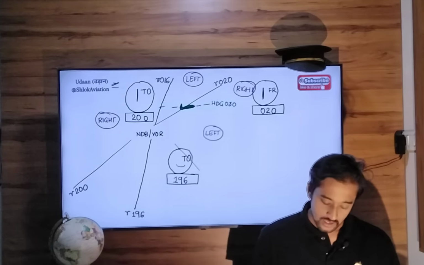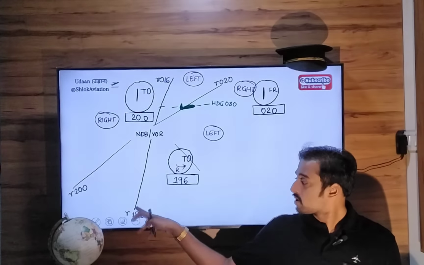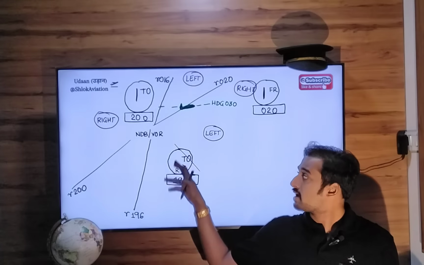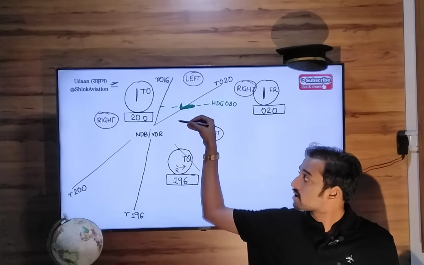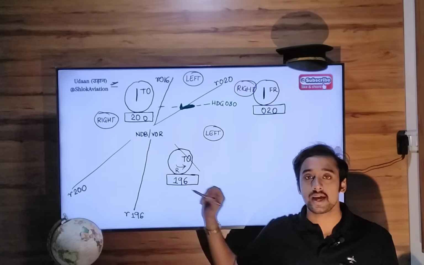How? So see, the pilot has put radial 196 in the OBS setting. That means the pilot wants to fly towards the VOR and then transition to 196.